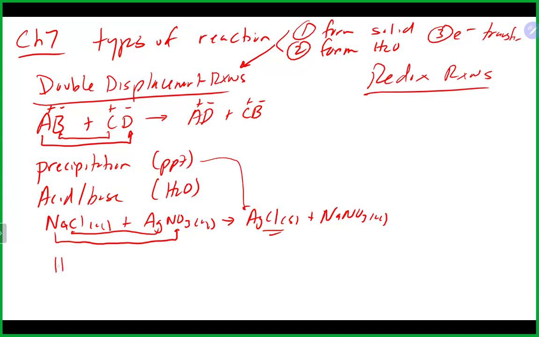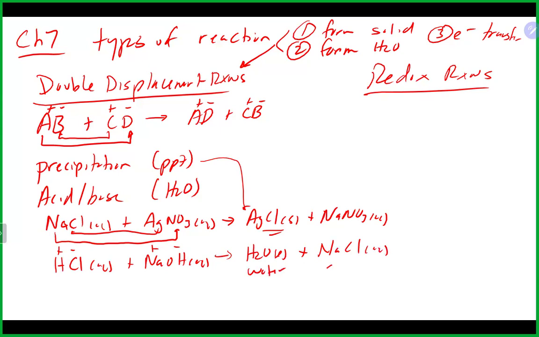Again, if you had something like HCl, hydrochloric acid, plus some sodium hydroxide, that's an acid and base, also a double displacement type situation. It will always form water and a salt, which in this case is sodium chloride. And again, that's the reason why this reaction takes place. So a precipitation reaction and an acid-base reaction are specific classifications of a double displacement reaction, where in one you form a solid and in one you form basically water.